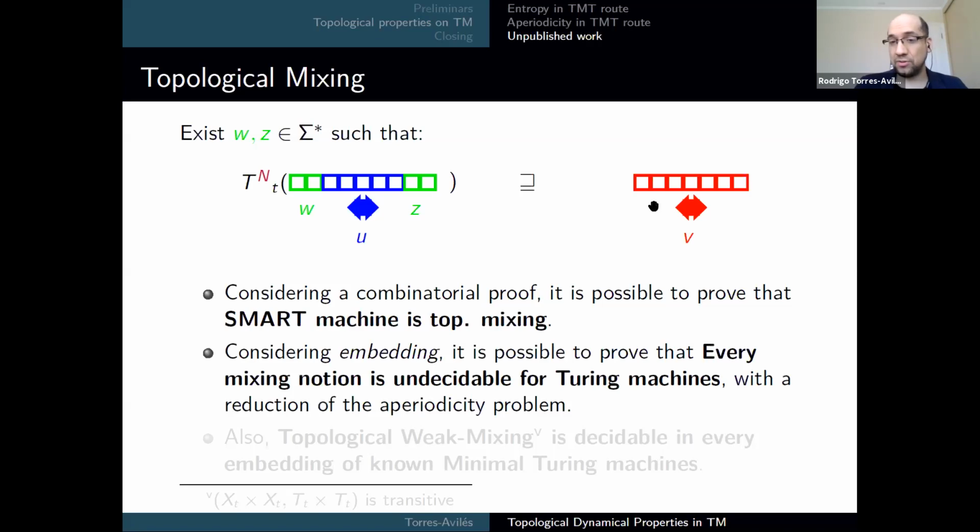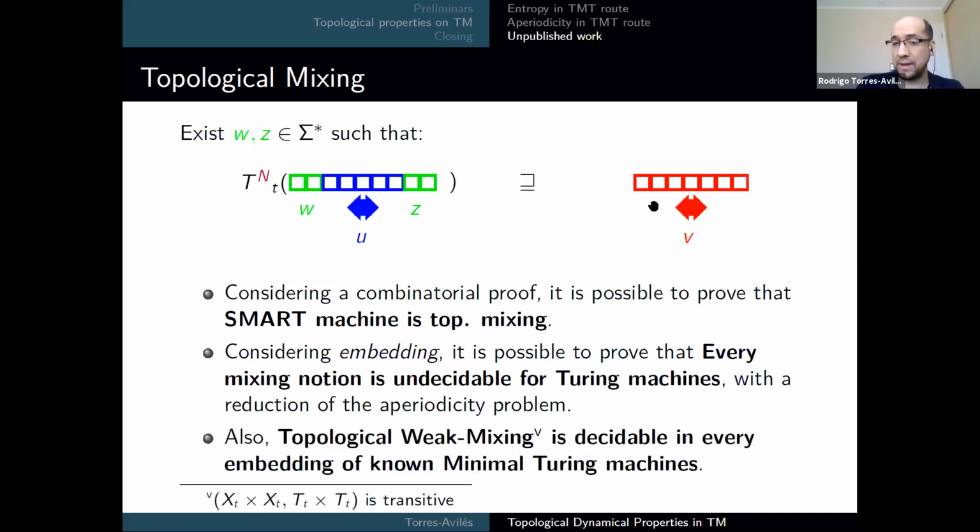Considering embedding also, it's possible to prove that every mixing notion is undecidable for Turing machines, doing a reduction of a periodicity problem inside the guest machine. Also, topological weak mixing, that is, the square system is transitive, is decidable in every embedding of non-minimal Turing machines.